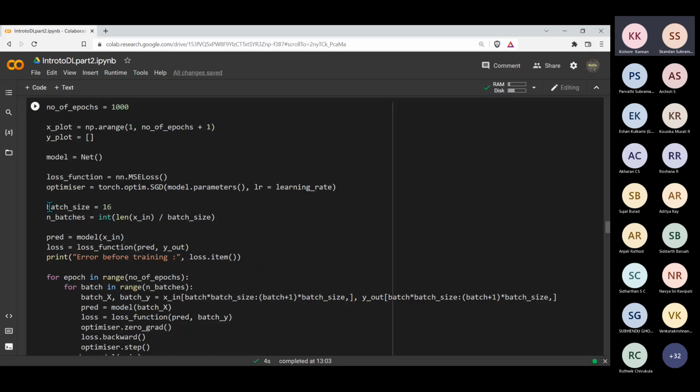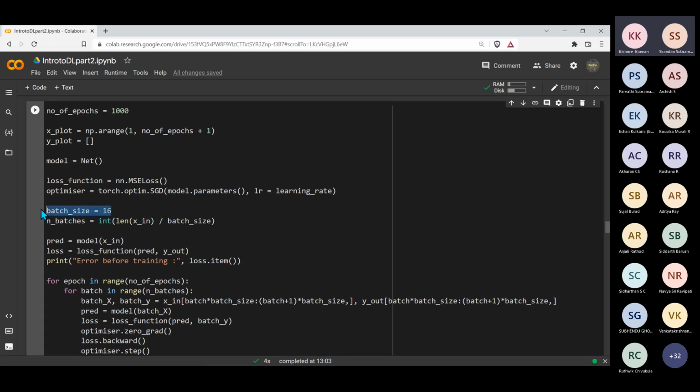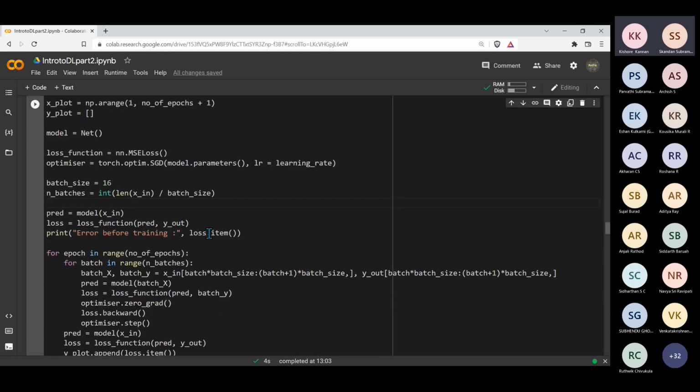So I'm defining this as the batch size. Each batch will have 16 data points, and the number of batches will obviously be the total number of data points divided by 16, because each set has 16 data points. So there'll be int of the length of the input, I mean the total number of records, divided by the batch size.